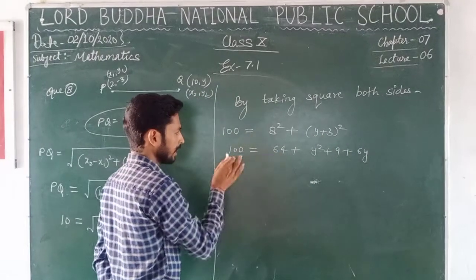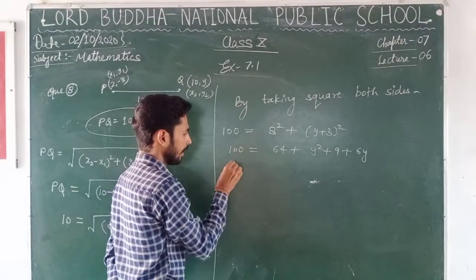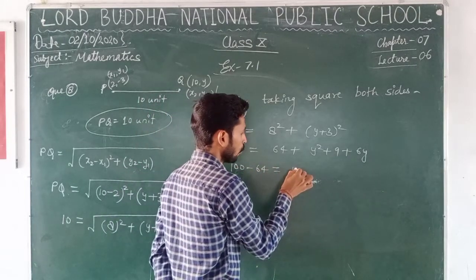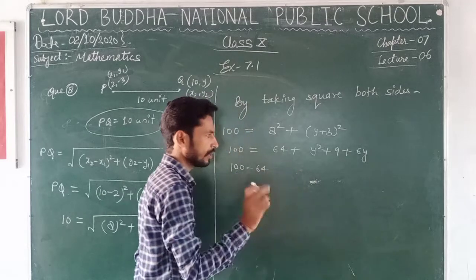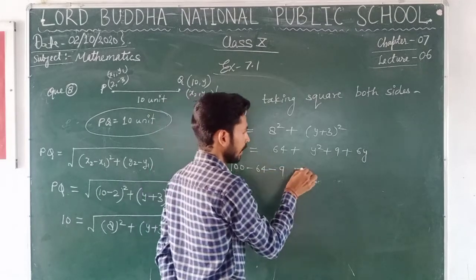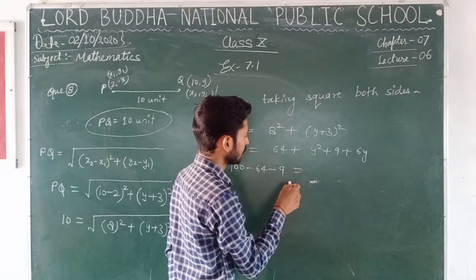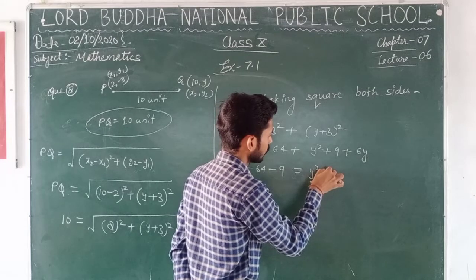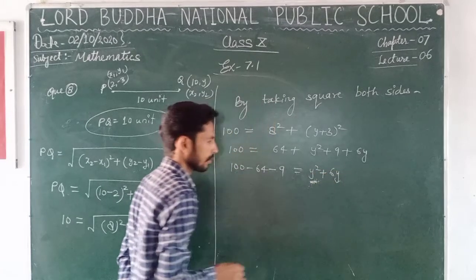So here we will take this side, that will be 100 minus 64, that's equal to y square, and also we know that there is a 9. So take this side, that will be minus 9, and we can say here will be y square plus 6y. Clear?